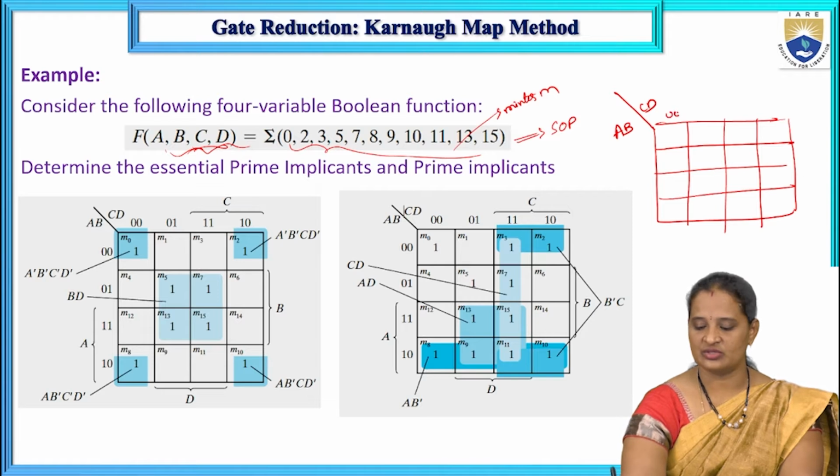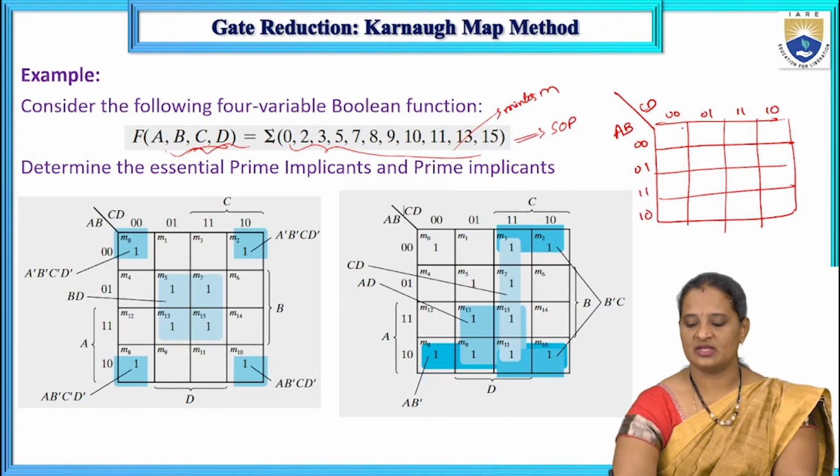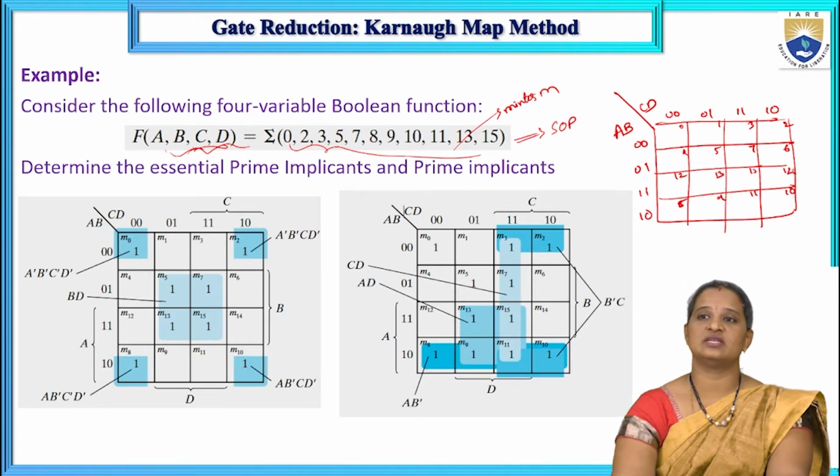So A B C D, 00 01 11 10, and 00 01 11 10. The cells are numbered 0 1 3 2, 4 5 7 6, 8 9 11 10, 12 13 15 14. Okay, so this is the K-map.